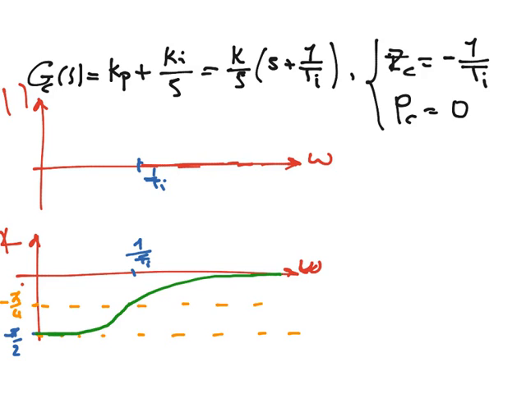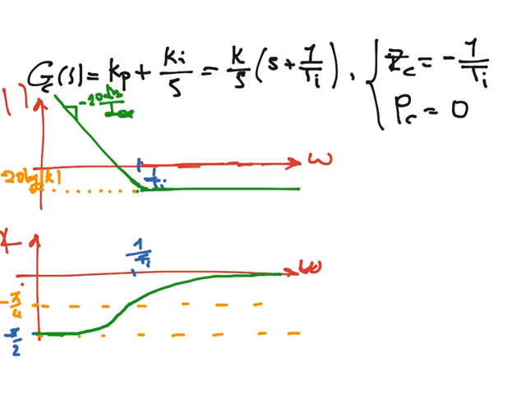Saying that we now draw the asymptotic amplitude graph, we will have a graph like this with minus 20 dB per decade for low frequencies, and with an amplitude at infinity equal to 20 logarithm of K. So here K is the factor, or let's say the kind of DC gain of the controller.